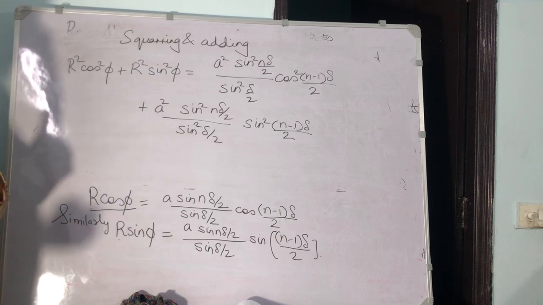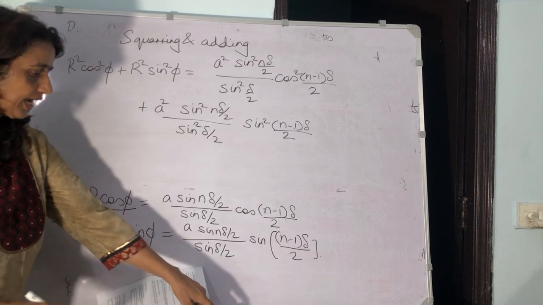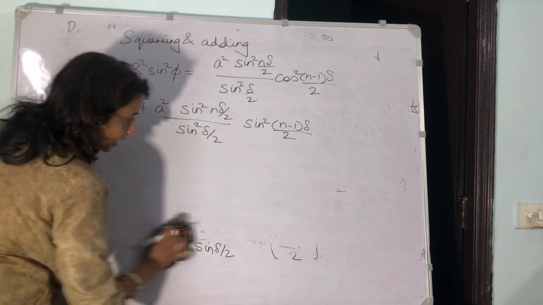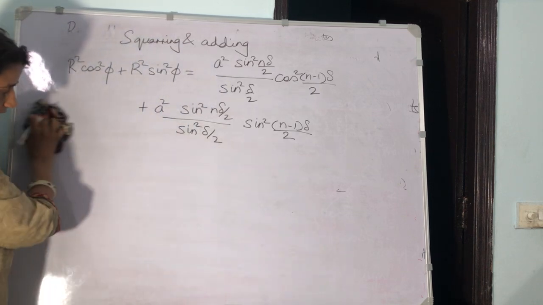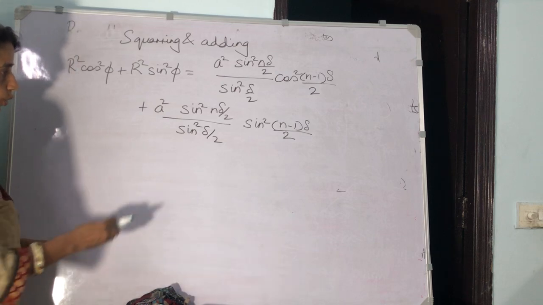As you can see, on simplifying this, we will now use the formula sin² θ plus cos² θ is equal to 1.